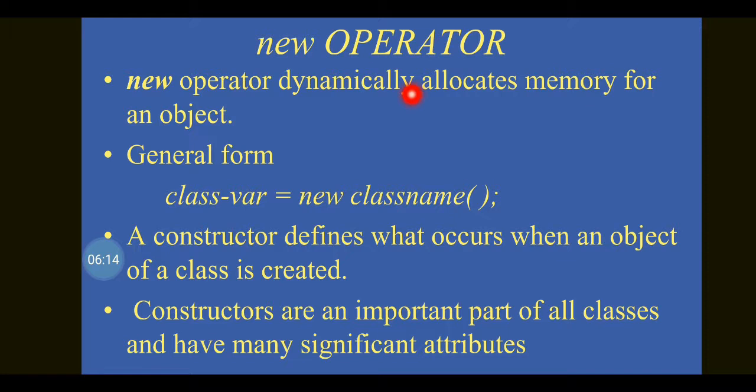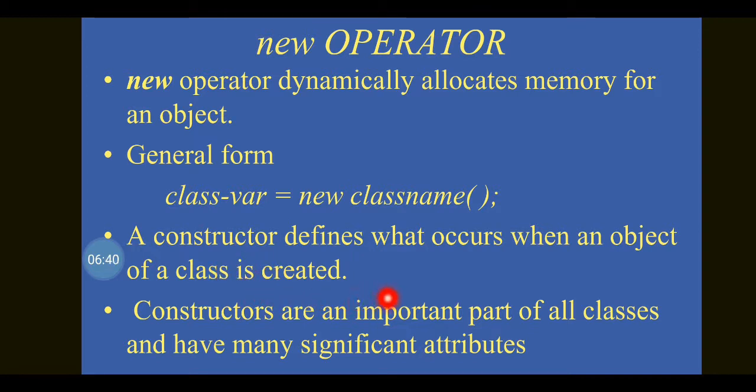So let us have a discussion on the new operator. The new operator dynamically allocates memory for an object. The general form is class variable, that is object name, equal to new class name(). Here the class name() acts as a constructor, so a constructor defines what occurs when an object of the class is created.